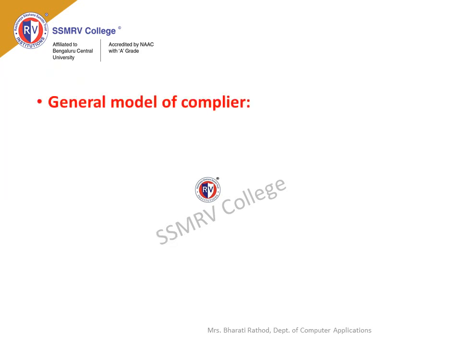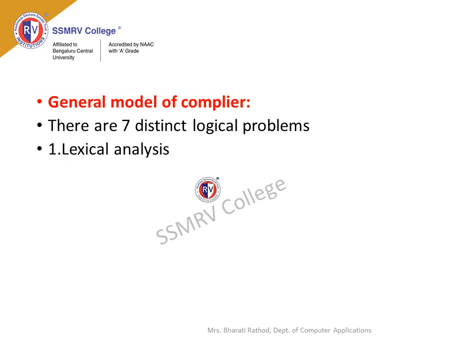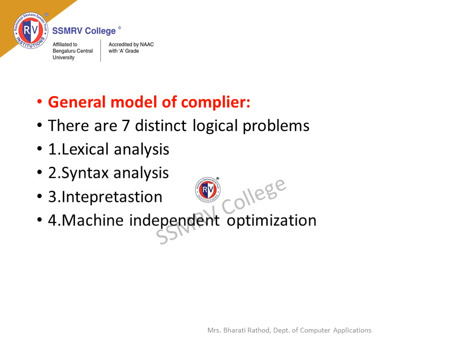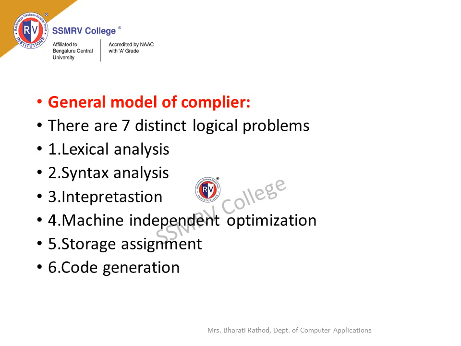General model of compiler. In analyzing the compilation process, there are 7 distinct logical problems: lexical analysis, syntax analysis, interpretation, machine independent optimization, storage assignment, code generation, assembly and output.